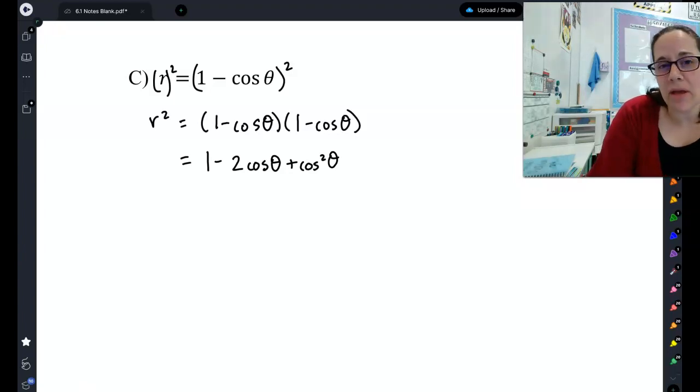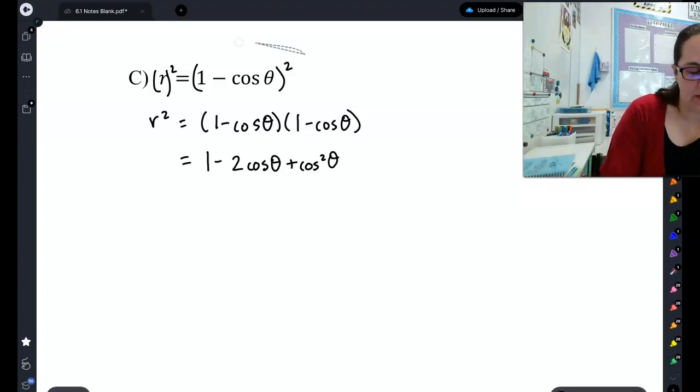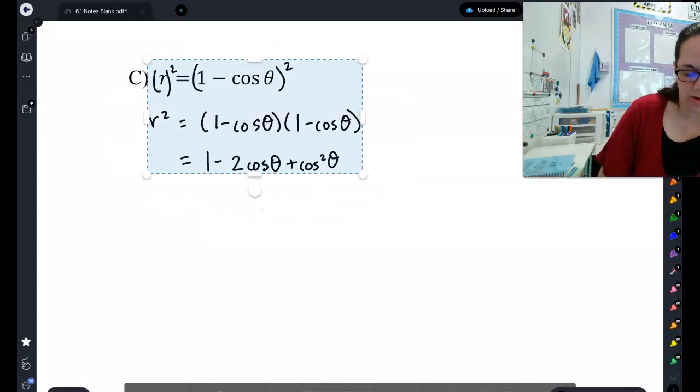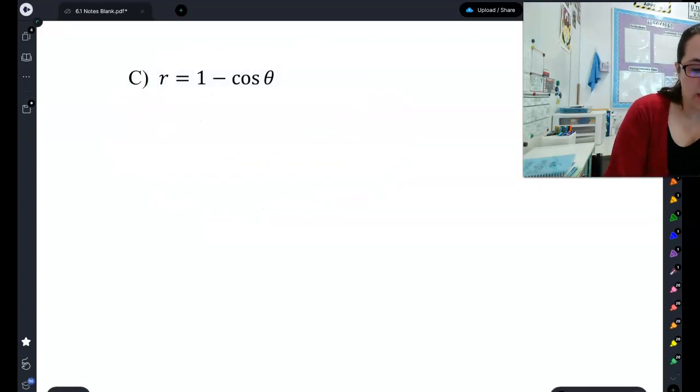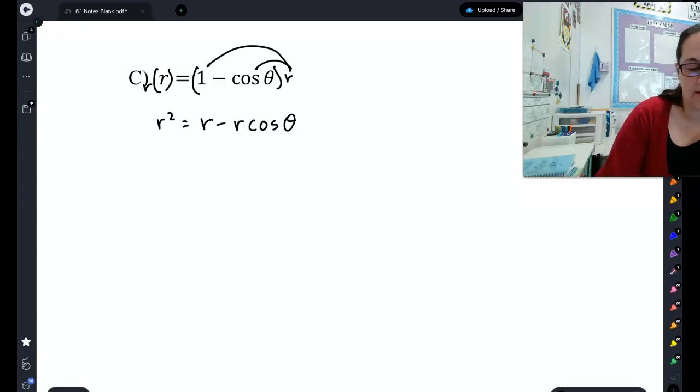So maybe instead of squaring both sides, let's go back to the drawing board and let's times both sides by r. Because r times r still gives me the r squared I want, but when I distribute this in, I get r minus r cosine of theta, which I know that is going to turn into x, and this is going to turn into x squared plus y squared.